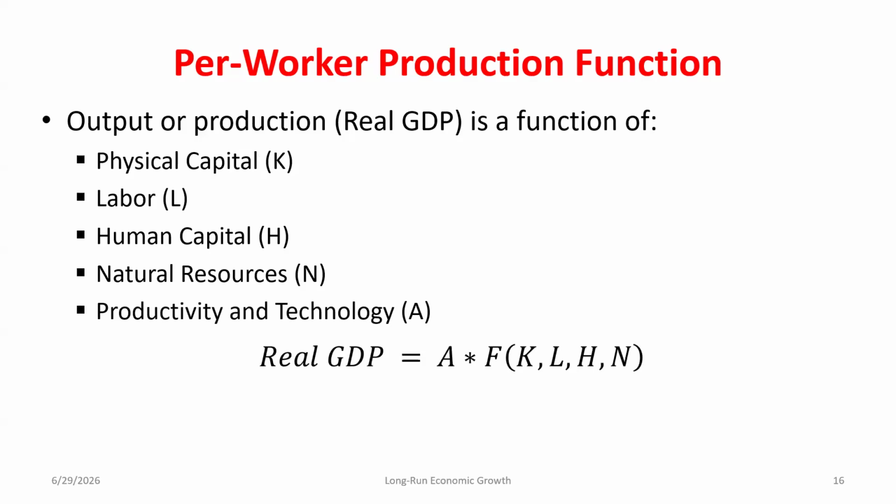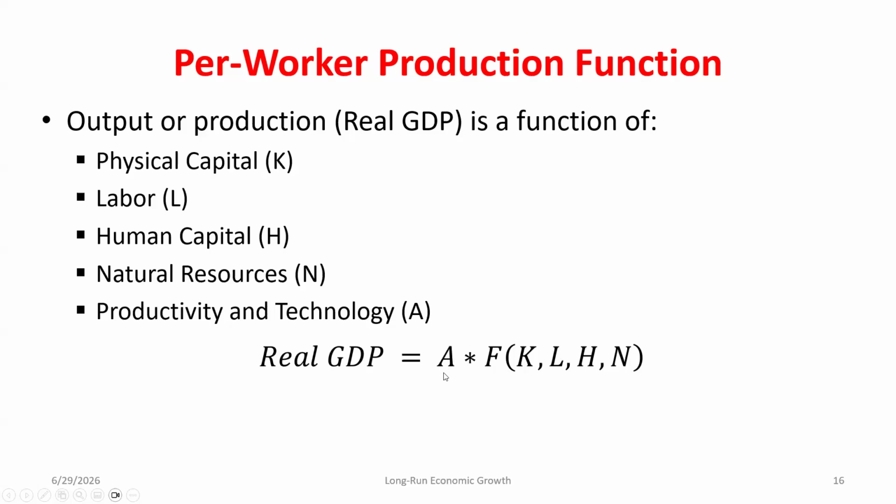So my real GDP will be some function of capital, labor, human capital, and natural resources. We're not going to use natural resources, and we're only going to use human capital after we build the base model today. So there's some function of capital and labor that would produce a certain amount of output, and as we have improvements in technology, the resulting output becomes even higher.